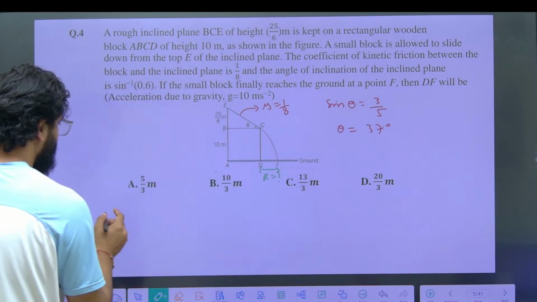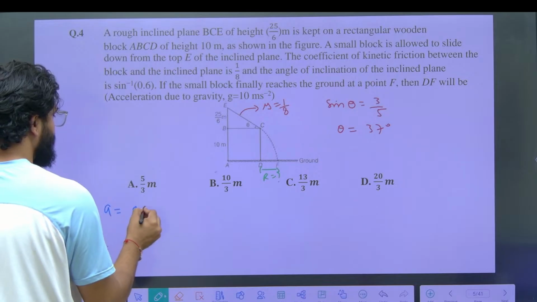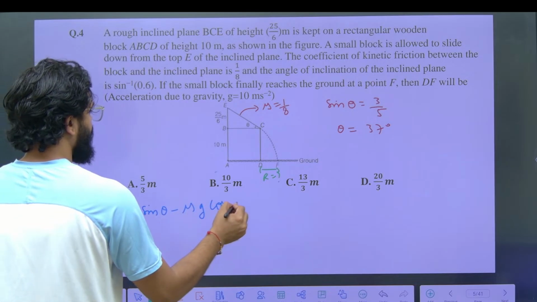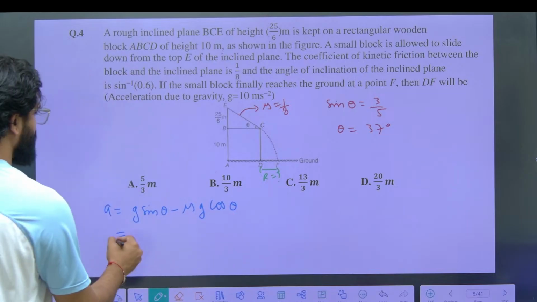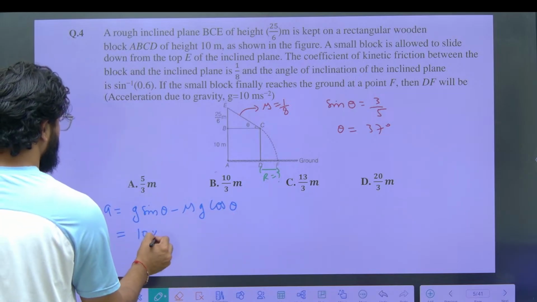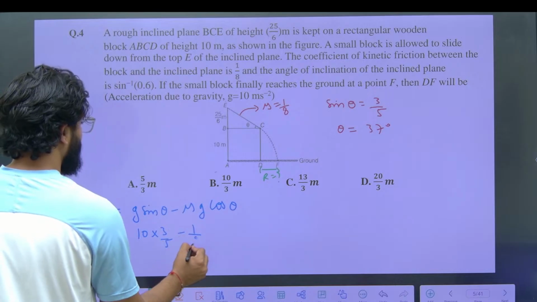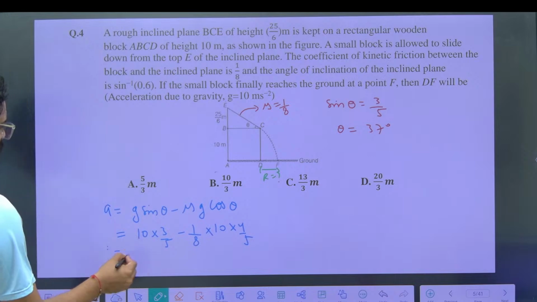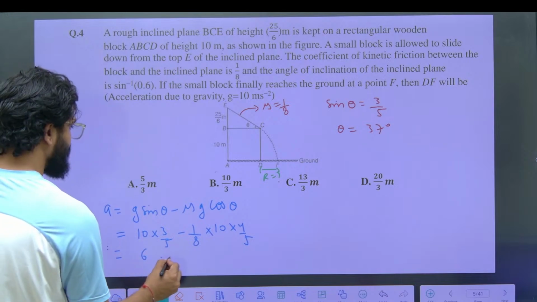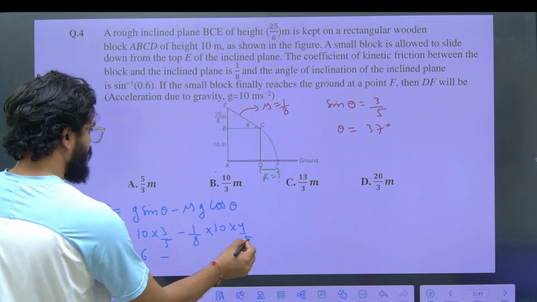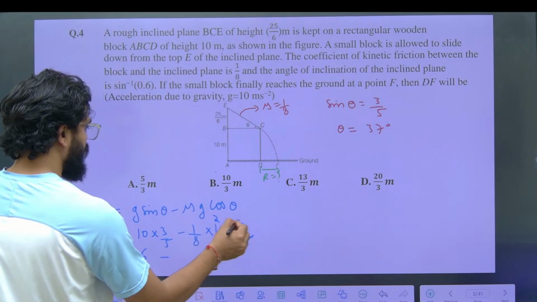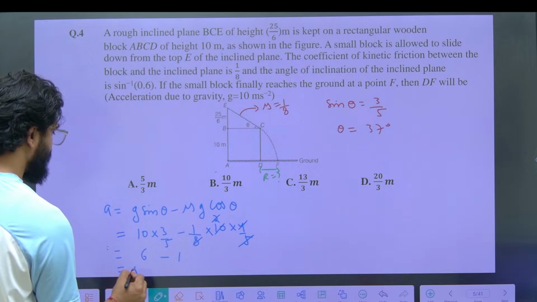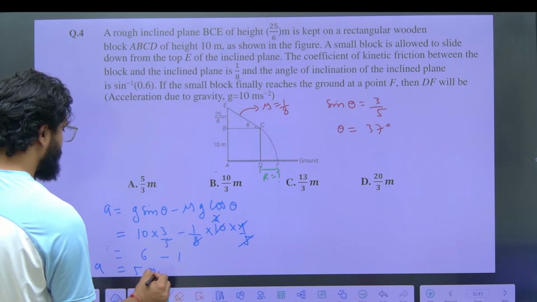So let's quickly calculate it. g sine theta is 10 into 3 by 5 minus 1 by 8 into 10 into 4 by 5. Carefully we have to do it: this value comes out as 6, this is 2, and this will get cancelled out. So acceleration is coming out as 5 meter per second square.